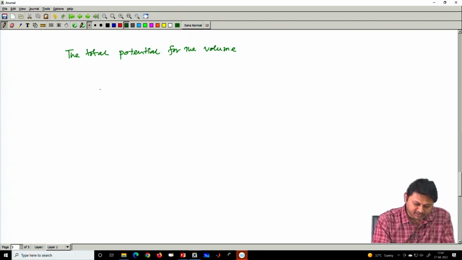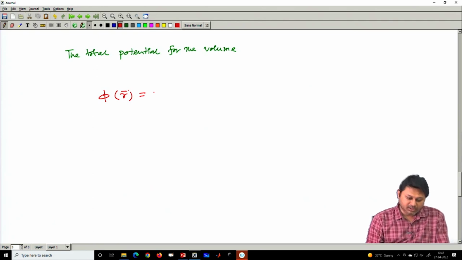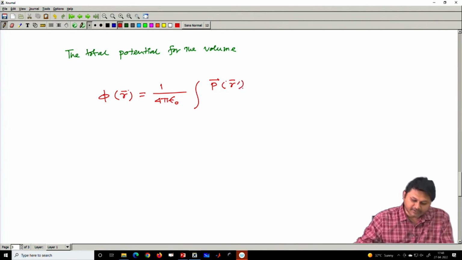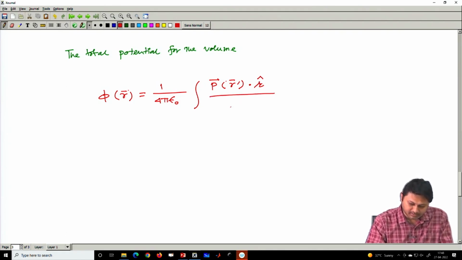So phi of r for the total should be equal to 1 by 4 pi epsilon naught, integration of P of r prime dot r unit vector divided by r square, and then I integrate over the entire volume, so I have dV prime.